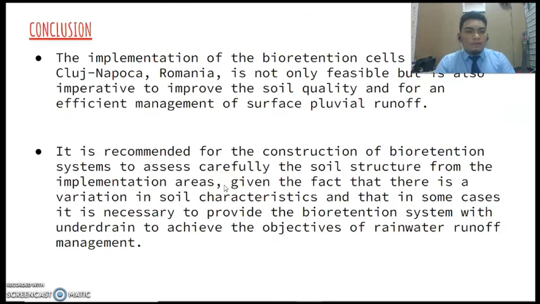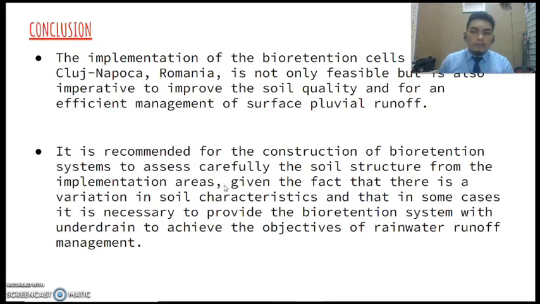So the conclusion for case study 2 is that the implementation of the bioretention cells in Cluj-Napoca, Romania, which is that place, is not only feasible but is also imperative to improve the soil quality and for an efficient management of surface level runoff.